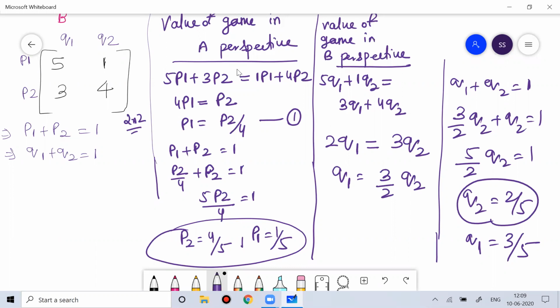By using probability, we are trying to derive the value of the game in terms of linear equations. Once we derive the given problem in terms of linear equations, we then solve it. That is the mechanism we use to solve the given problem.